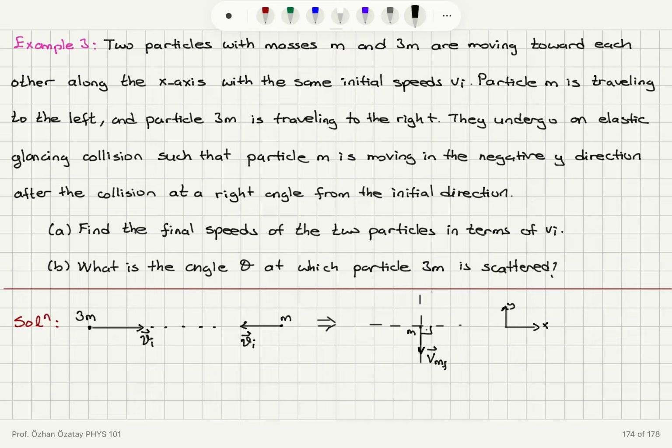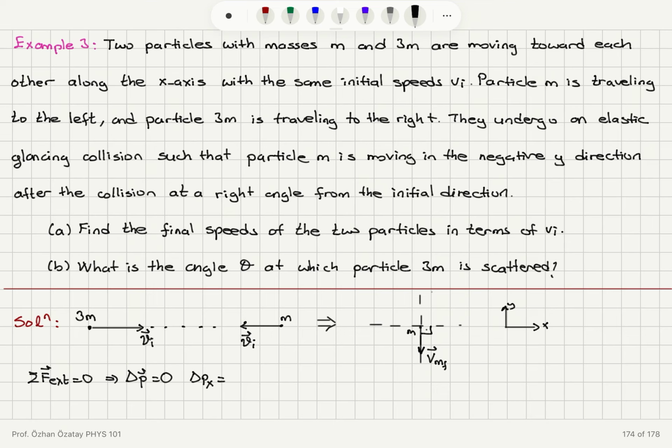Okay, so in this system of two particles, net external force acting on the system is equal to 0 on the x-axis, and also on the y-axis. Delta p will be equal to 0.